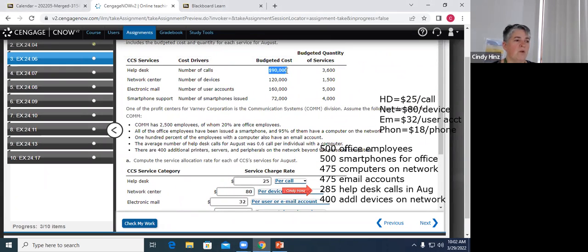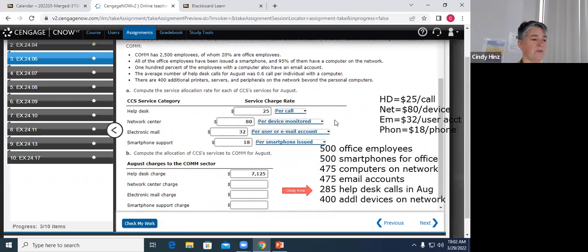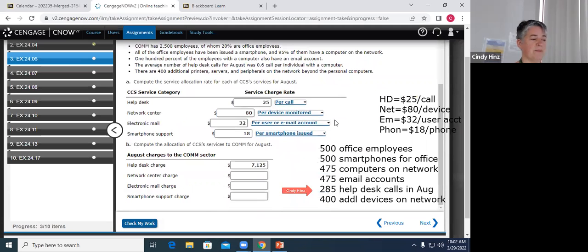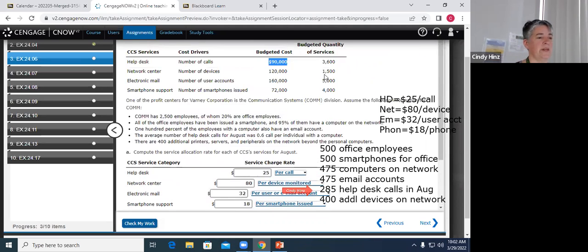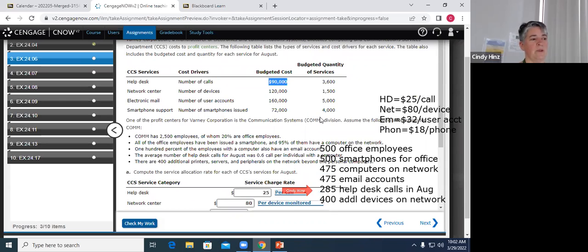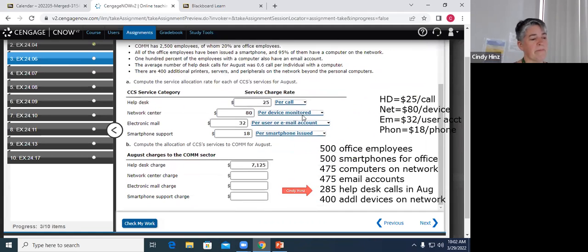And remember, the total budgeted cost for the help desk is $90,000, but the comm division is just one profit center within Barney Corporation. And so we're not accounting for all of those costs. We're only accounting for the part that was used by the comm sector in August. So that $90,000 is also probably an annual amount, but I'm not sure. Oh no, it actually says the table includes the budgeted cost for each service for August. So for the company as a whole, it's $90,000 and $7,125 of that will be allocated to the comm sector.